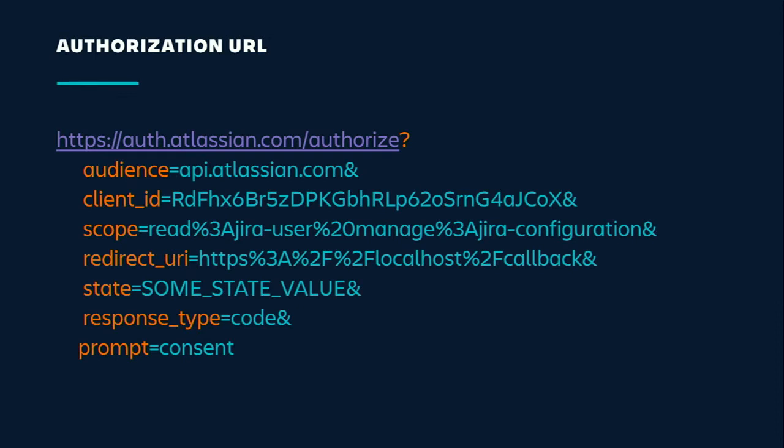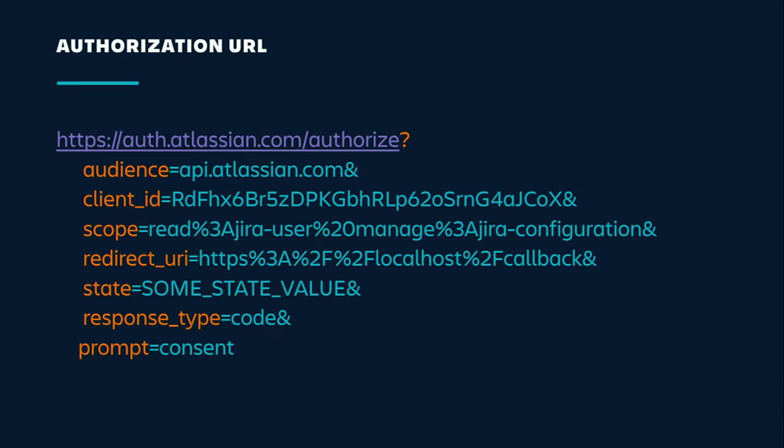Then there's also a state parameter. This is a bit tricky. That state parameter should be a unique value generated by your app. That's something we'll send back in the redirect of the authorization. So you should set that to a unique value, save it in a session or something, and then once you get the response back, you should verify that the state matches.